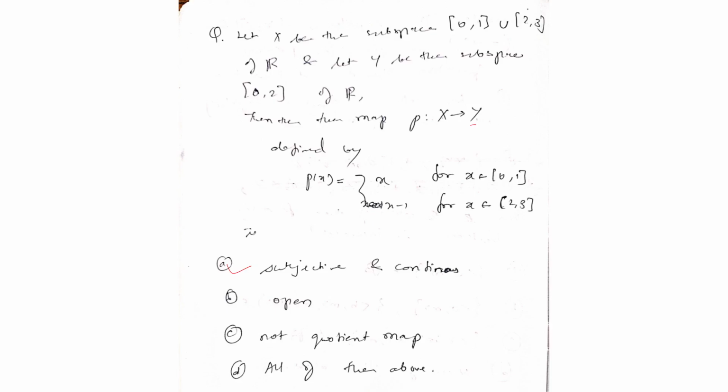You discarded this option. Okay, you said that B is not. This map is not open. Why?